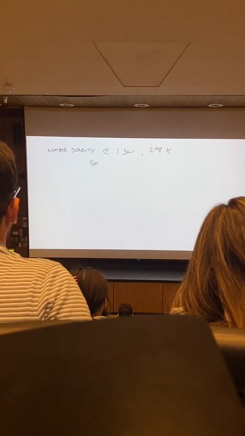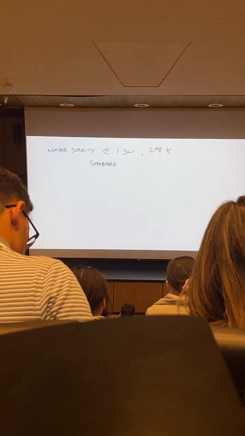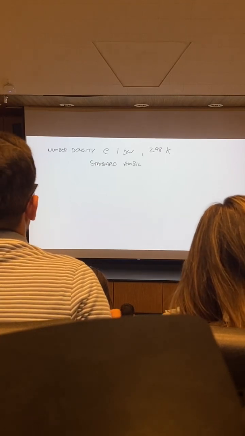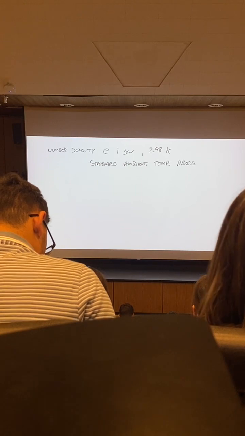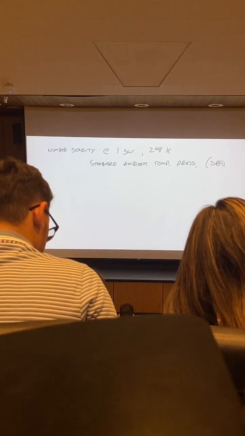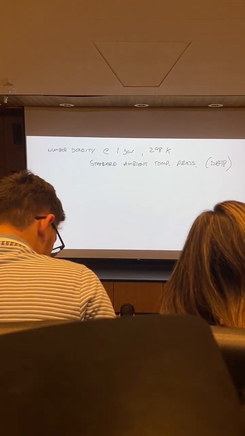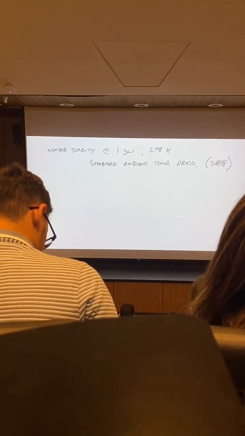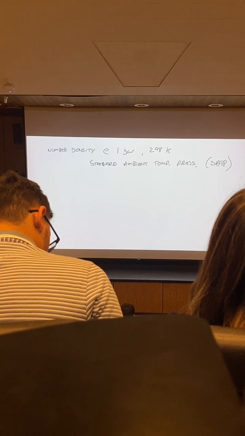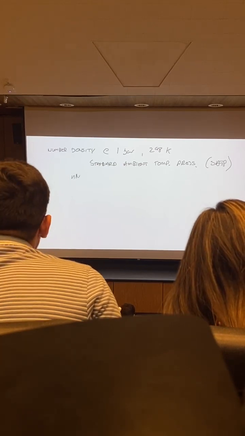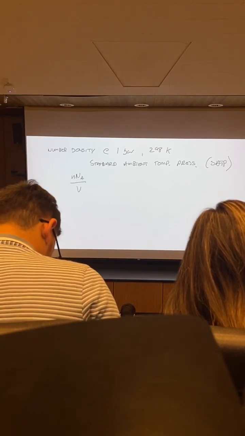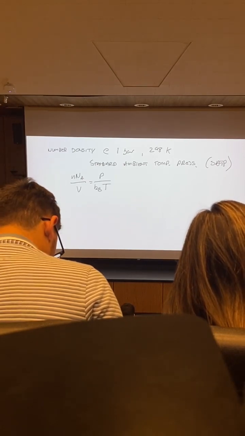This is called standard ambient temperature and pressure, which we'll abbreviate as SATP. Standard temperature and pressure is usually at the temperature of 273 Kelvin, and standard ambient is at 298. So my number density, n times N_A over the volume, is equal to P divided by the Boltzmann constant times the temperature, as we've just seen.